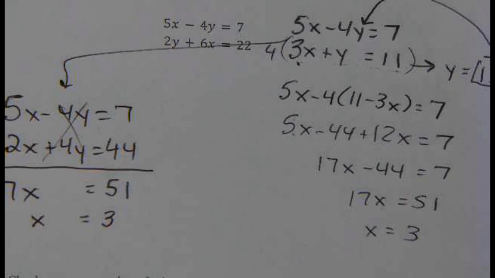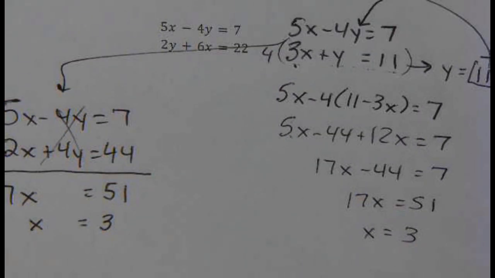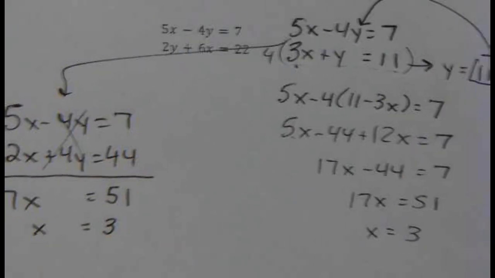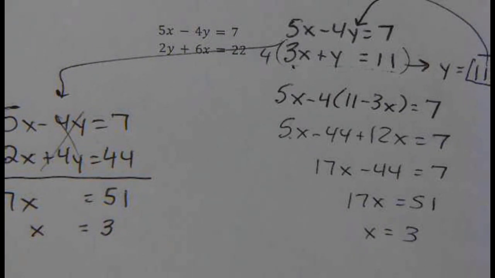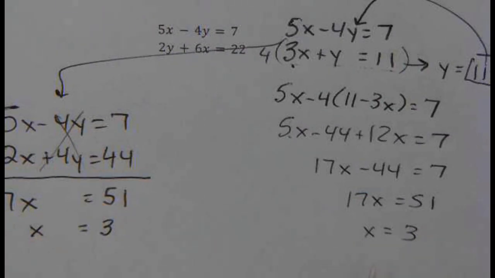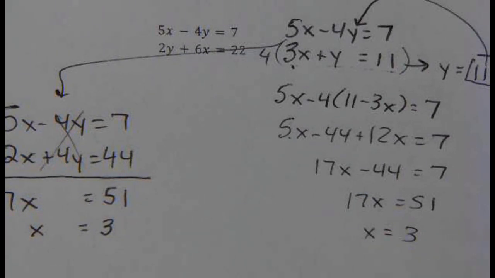It's just a preference of whether you like substitution or elimination, or what seems to be the better method for that particular problem. Of course, I'm not done, right? I got to get y as well. When you solve a system of equations, you're finding the point that they cross at, so you need the y.